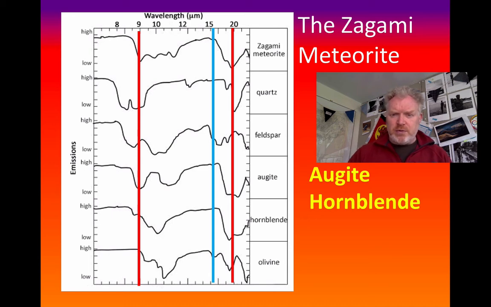The final mineral that I think is represented, and this is perhaps harder to recognise, is olivine. You can see a relatively high point at about 16 microns along the blue line. And you can see it starting to decrease at 9 microns along the red line on the left hand side.